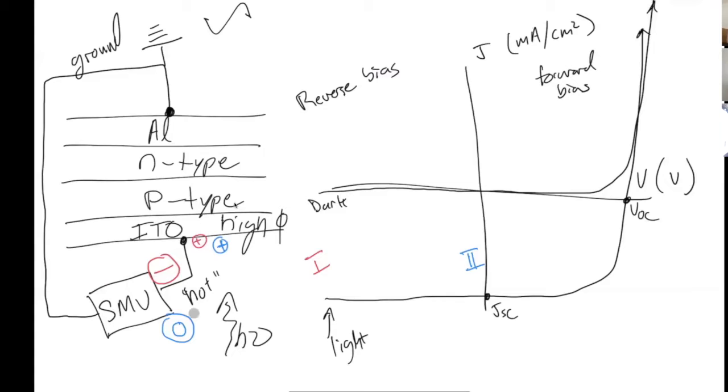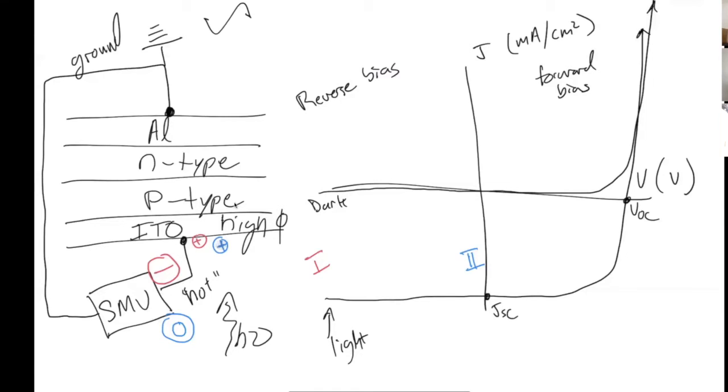Now, even though the bias here is zero, we're applying zero bias, we're still going to get current. Why are we still going to get current? And what charge is it going to be? It's going to be negative current, because this positive charge here is still going to draw current from the source measure unit, and that current is going to be electrons, because this here is positive, and therefore the device will give you a negative current in the output.